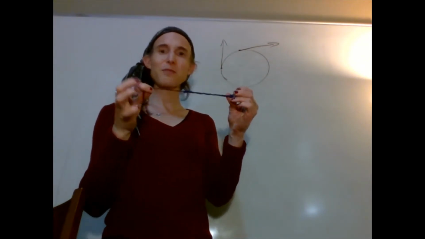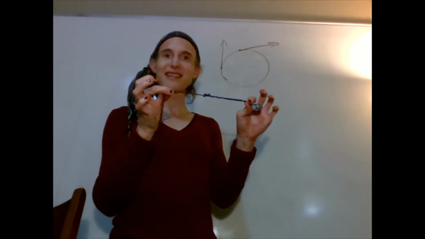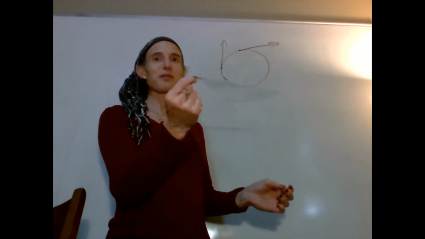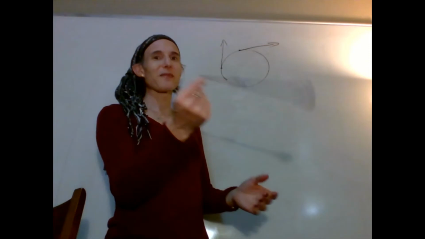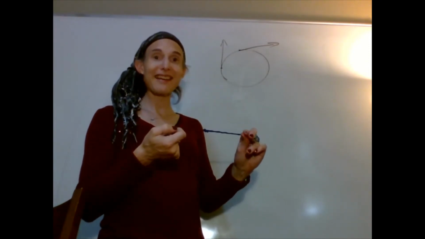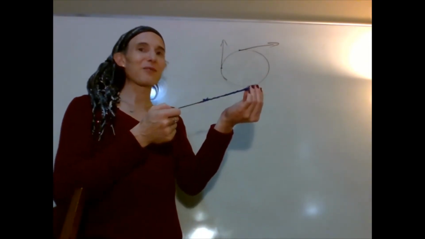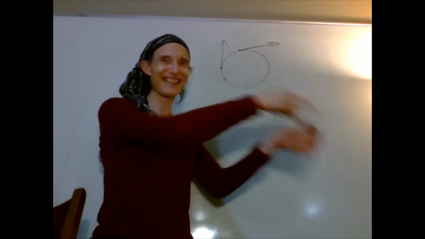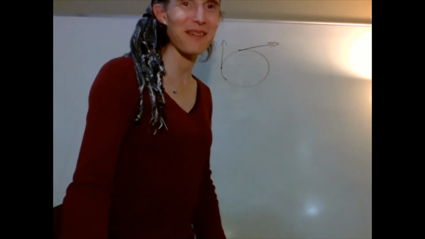Tension pulls both ways. It's pulling outward on my fingers, but inward on the rock. So the rock is being pulled towards the center of the circle, and if the string were to suddenly break, then it would now proceed, according to gravity, in the parabolic arc that you've been studying.